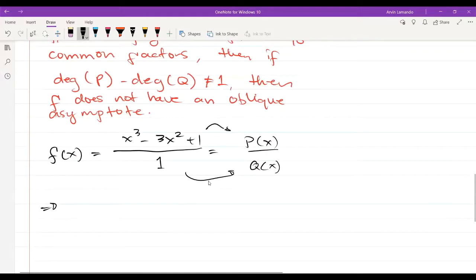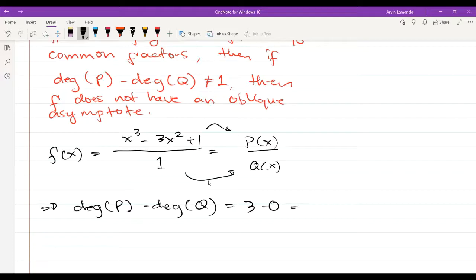Then the degree of p minus the degree of q is just 3 minus 0, because the degree of a constant polynomial is always equal to 0. Therefore, since 3 is not equal to 1, we can conclude that f does not have an oblique asymptote, or OA.